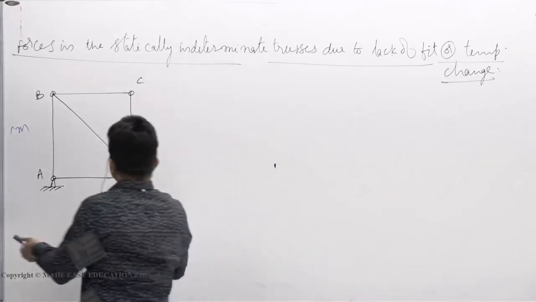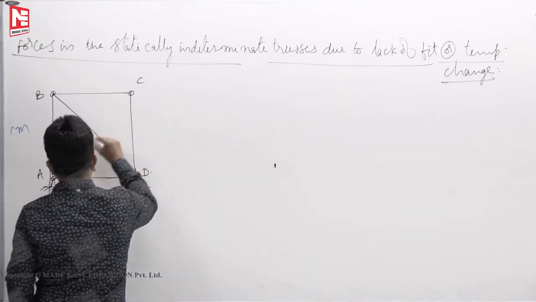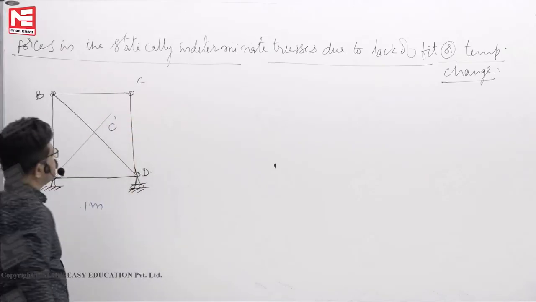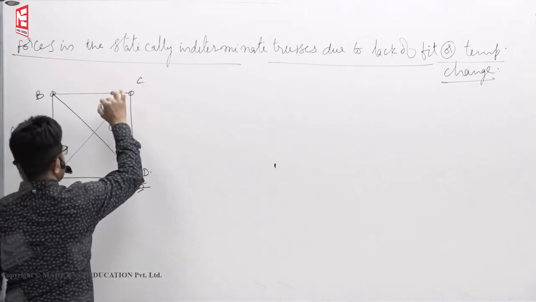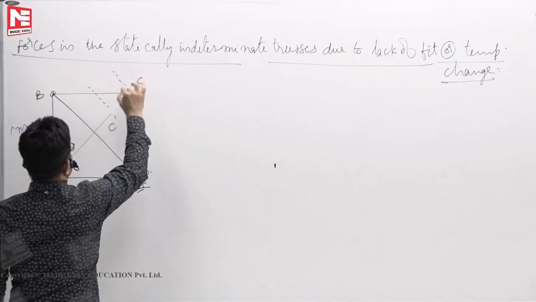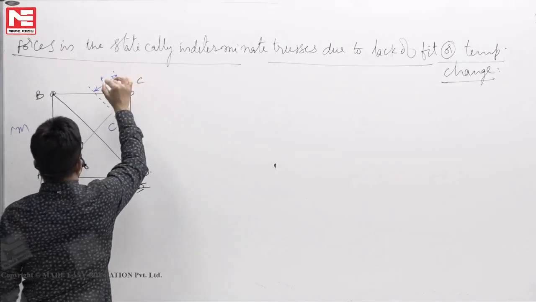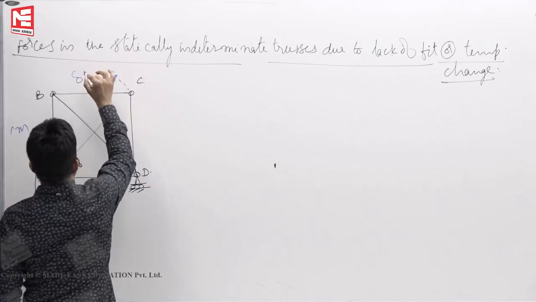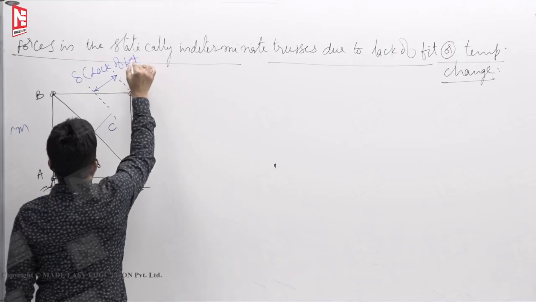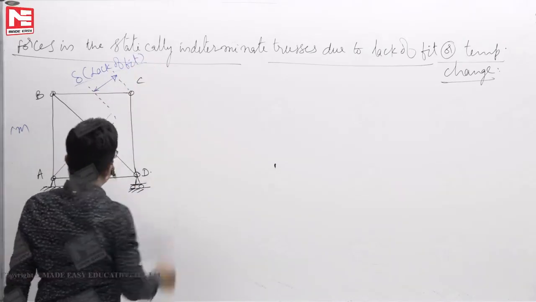That means when you tried to put this one, it came up to here only. Let us say C dash. So this much error was there. This is delta. Some delta was the lack of fit. This much lack of fit was.